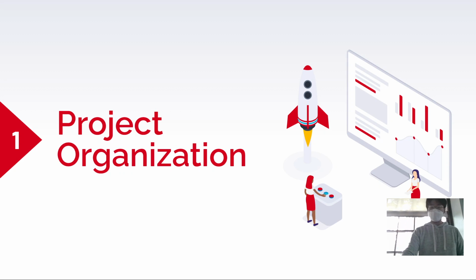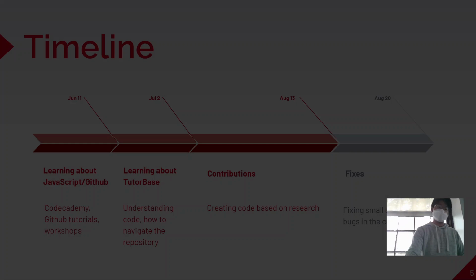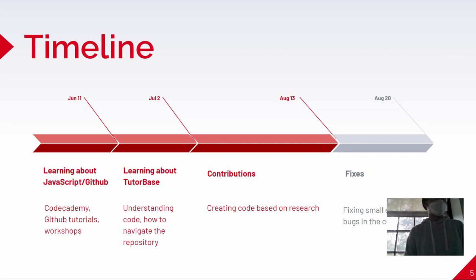So project organization, for this semester, I divided into four sections. I have really no experience with coding at all, and this is my first time on a large-scale project. So for the first couple weeks, I spent my time learning about JavaScript and GitHub. JavaScript because that is the language we use to code the website in. During this time, I used Code Academy to learn JavaScript.